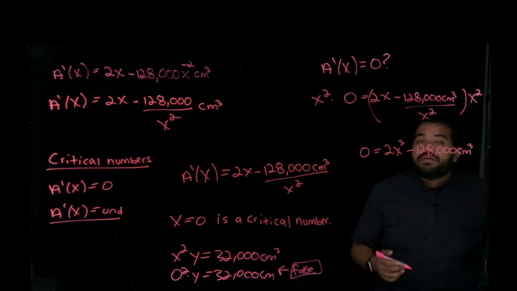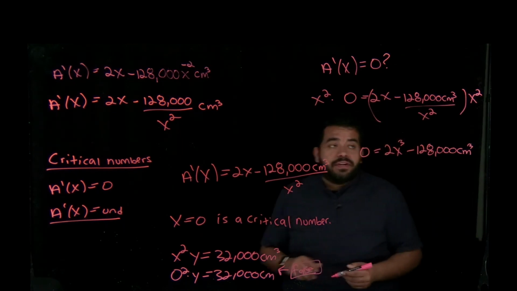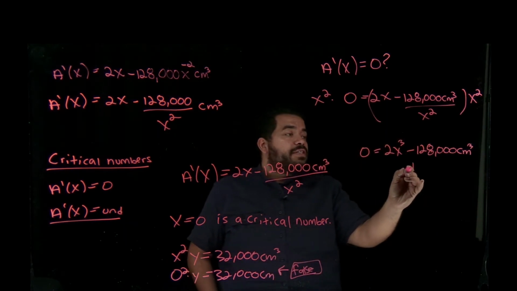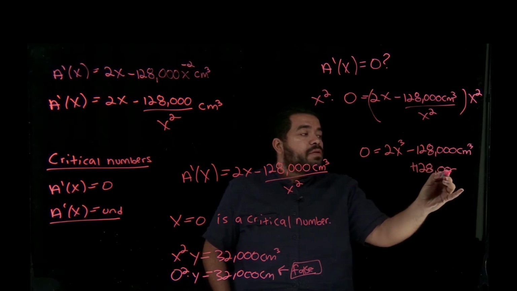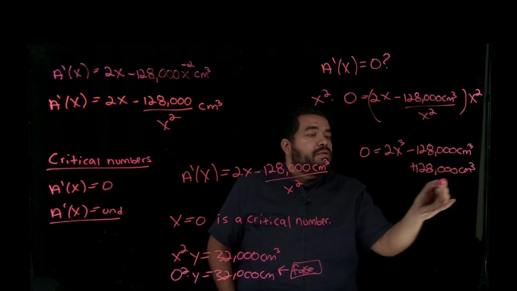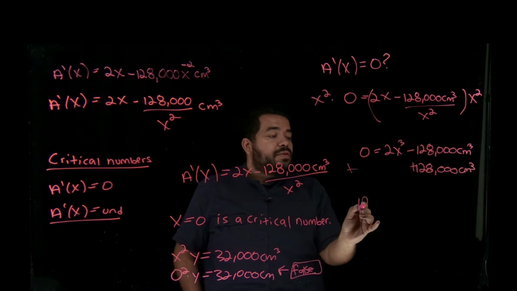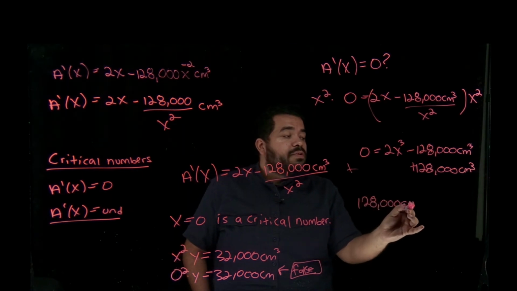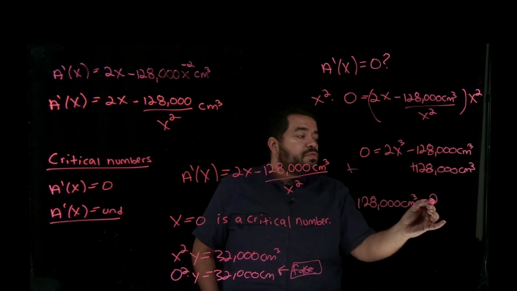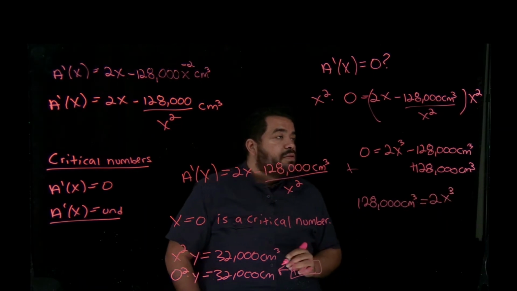Now that we have this, we can go ahead and solve for x. First, I will add 128,000 to both sides, and we end up with 128,000, which is now positive, centimeters cubed equals 2x to the third power.